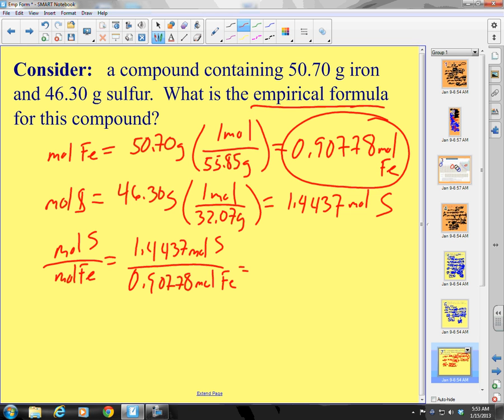And when I do that ratio, what do I get? I get 1.59. That's nice. 1.5903, we'll say, moles of sulfur per mole of iron. All right? Cool.